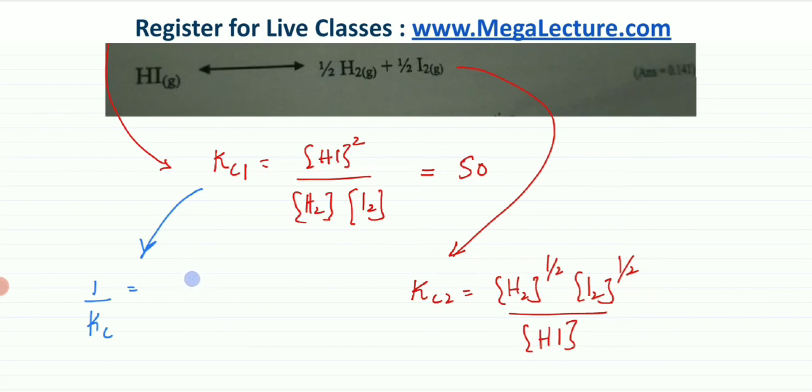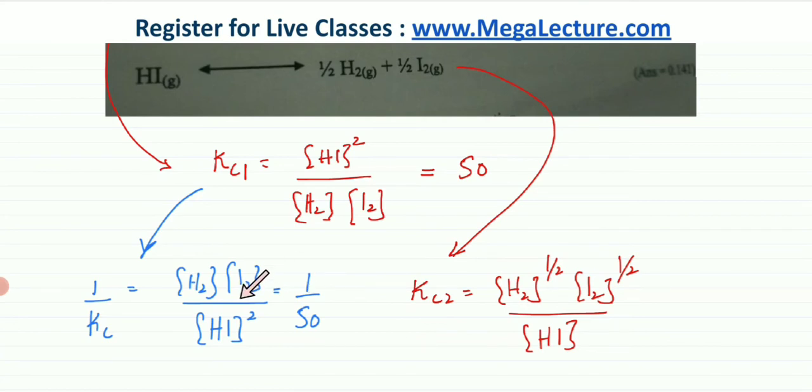The H2 concentration comes at the top, and the I2 concentration also comes at the top, and HI concentration squared is now going to be at the bottom. So I've turned the expression upside down.